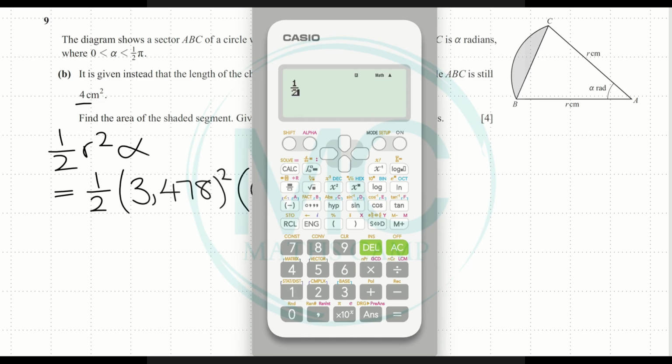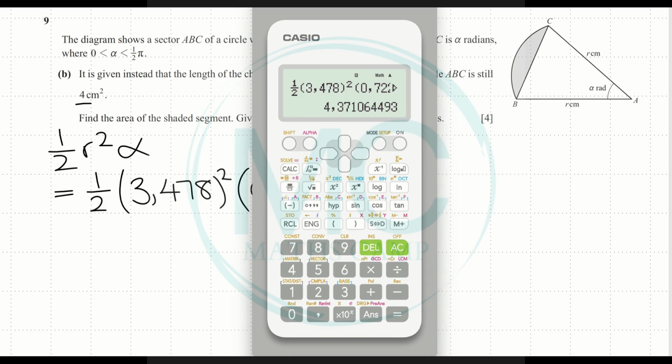Let's take our calculator. 1 over 2. Open a bracket, multiplied by 3,478 squared. Open another bracket, multiplied by 0,7227. Close the bracket, is equal to 4,37106. This is the area of the whole sector.